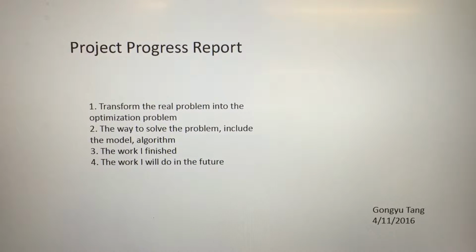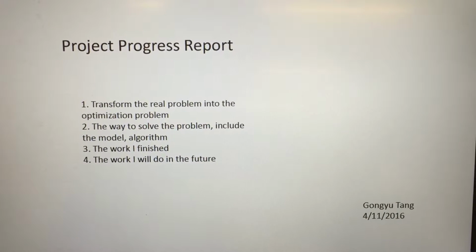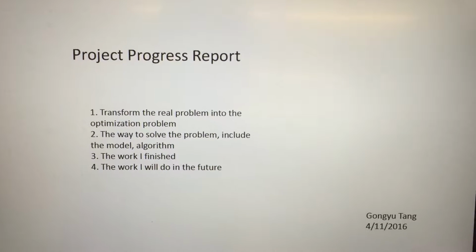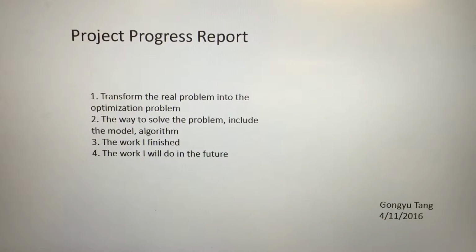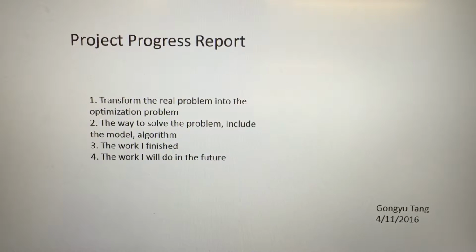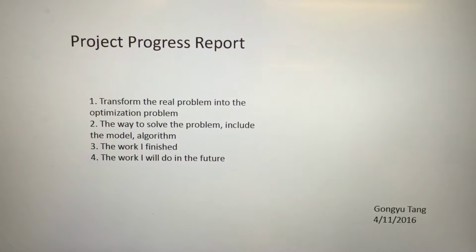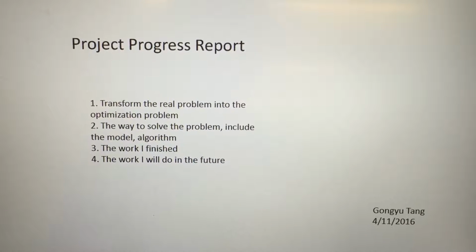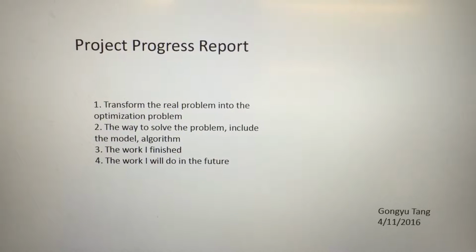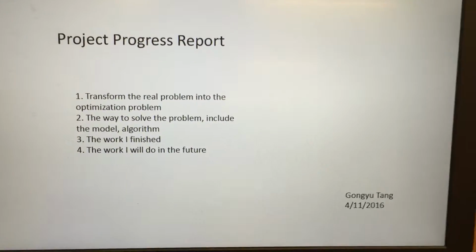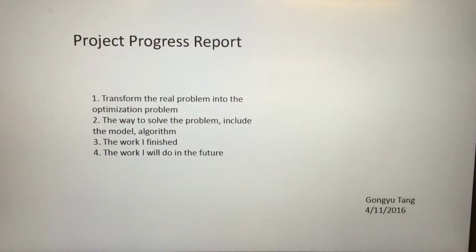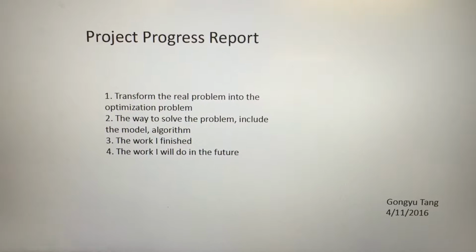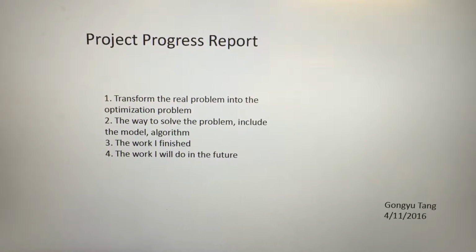And my project progress report contains four parts. The first part will be the transformation of the real problem into an optimization problem. The second part is the way to solve that problem, including the model and the algorithm I will use. The third part is the work I have finished.